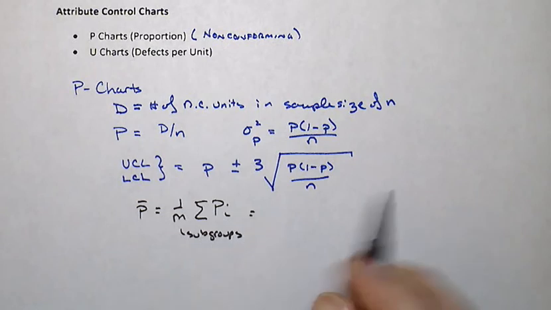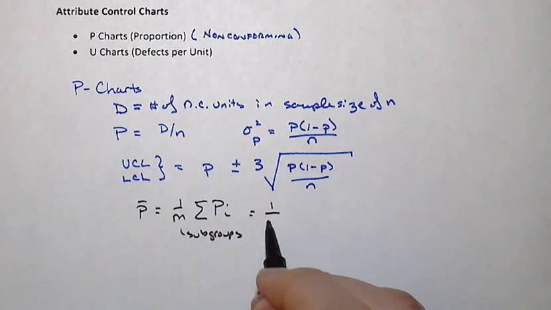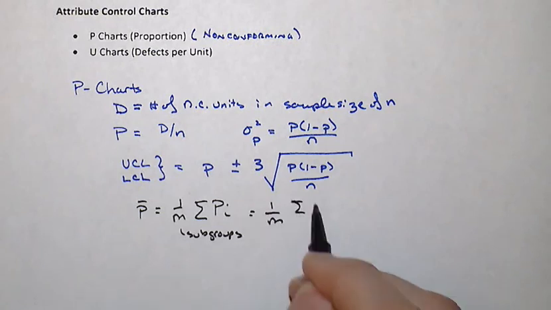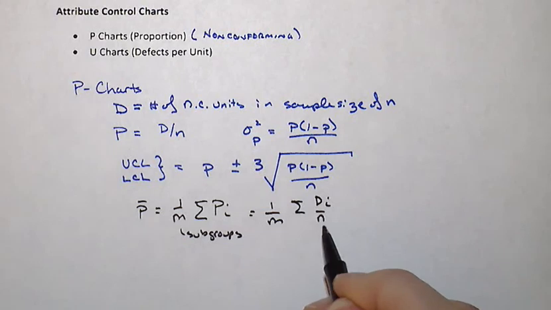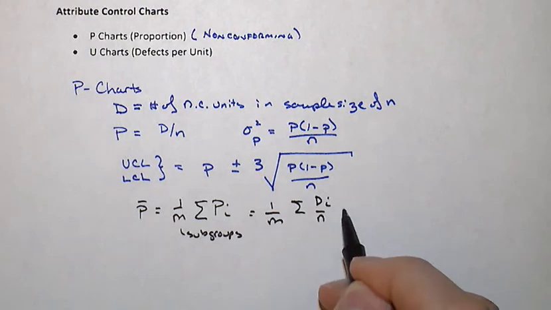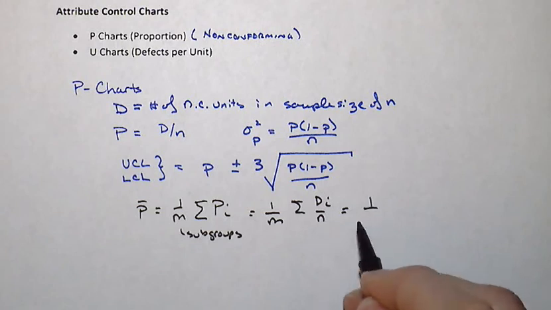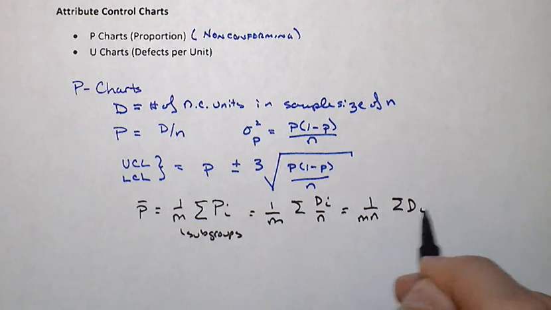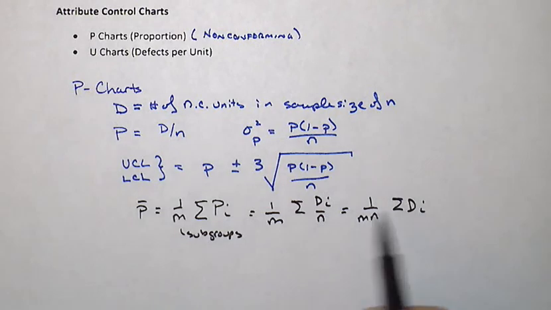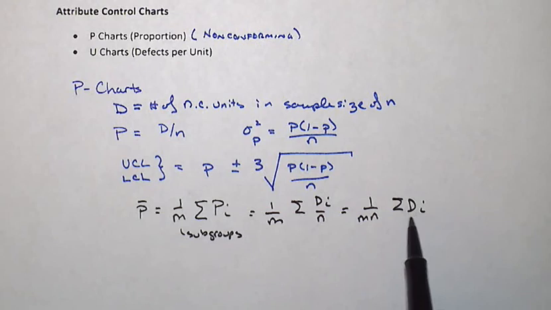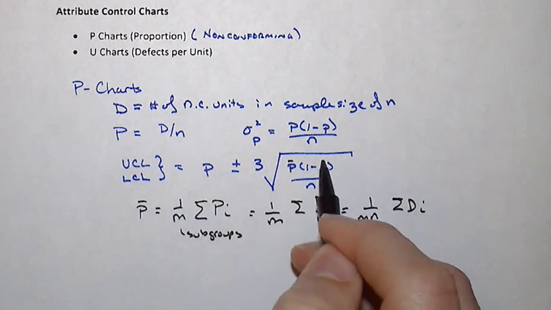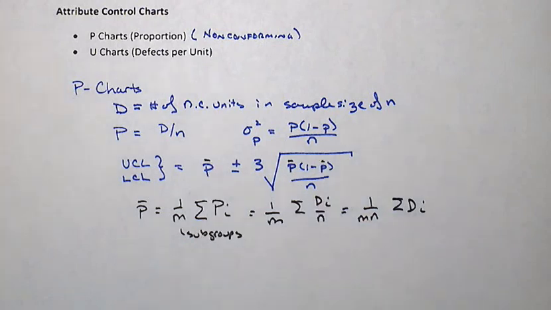Since each of the individual p sub i's are given by the d sub i's over n, and presuming that we have the same sample size in each and every case, which we generally would, and if not, then you can deal with that, that constant could be pulled out. And so you get P bar equal to 1 over m times n, times the sum of the total number of defects that you've got. Then the P bar becomes your estimate of your actual population values, and you can substitute that directly in to obtain your upper and lower control limits.